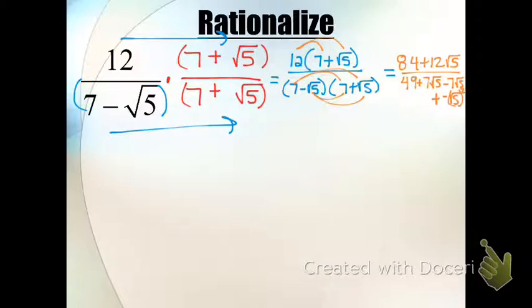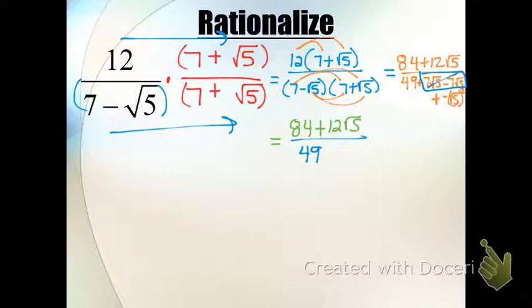Alright, so continuing to simplify here. Our numerator cannot be simplified anymore at this time, so we're going to leave that one the same. In the denominator, these middle two terms are opposites, just like the last time we did a conjugate, and they end up canceling out. 7 root 5 minus 7 root 5 is 0.